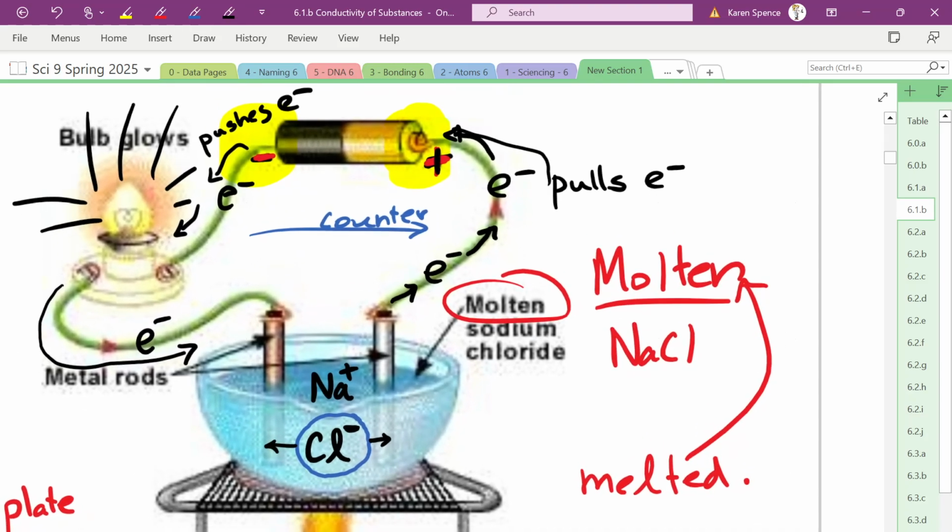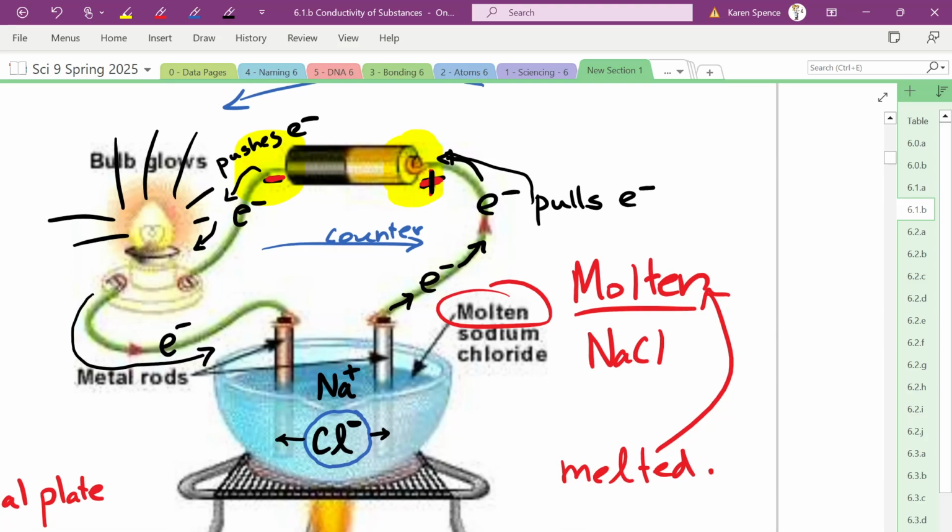Okay, let's think this through, yeah? What's happening is electrons are leaving this metal rod here. Let me grab a green highlighter. Electrons are leaving the green metal rod, which makes it a little bit positive, yes? Which means that the chloride is going to move towards that positive charge.